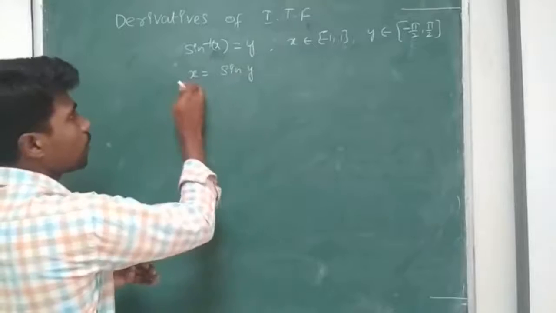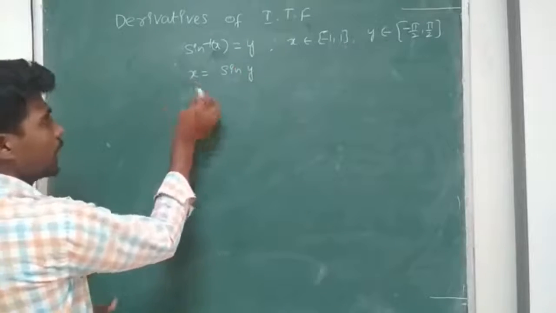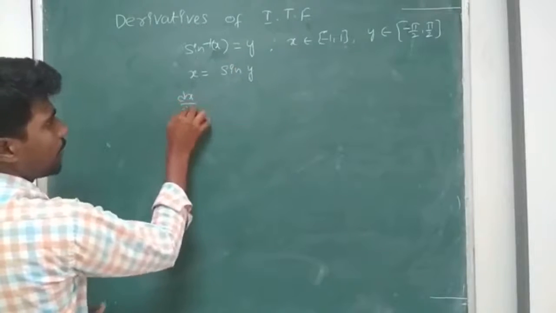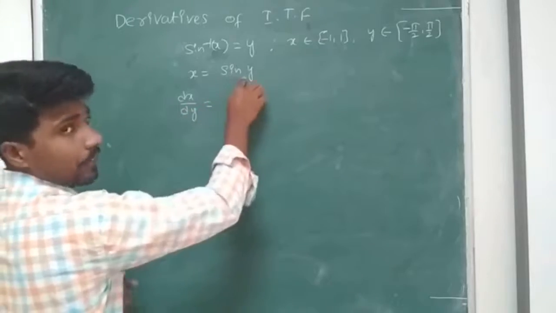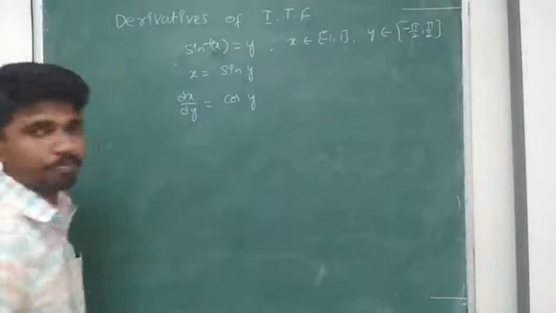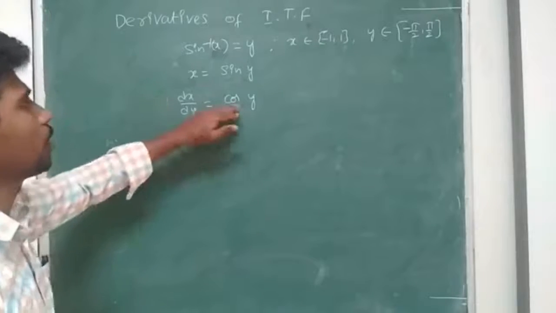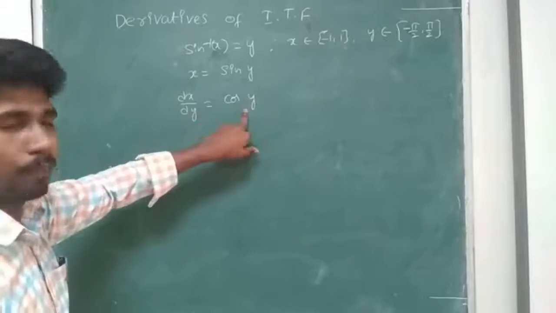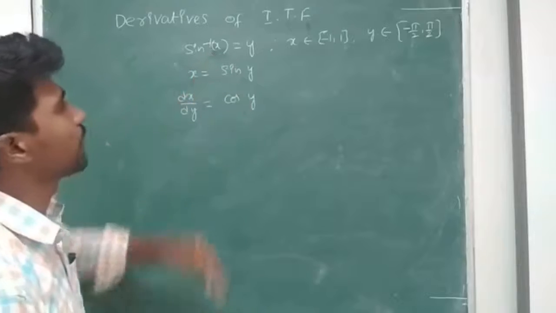if I take the derivative of x with respect to y, I get dx by dy is equal to the derivative of sin y with respect to y, which is equal to cos y. So dx by dy, I got cos y. Now I want to get cos y in terms of sin y.